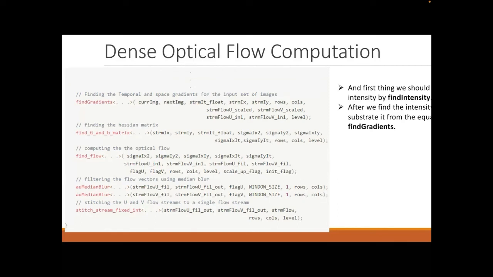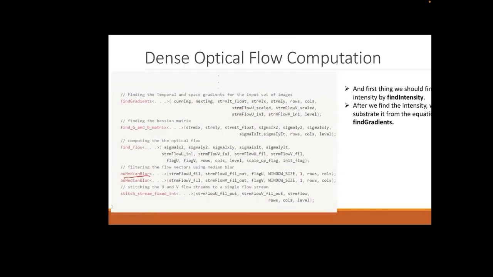After we get the optical flow, we will perform a median blur filter to smooth out the noise. And then we will get two results, U and V, the optical flow. And then we will stitch into a single data stream and stream out to the next stage, which is update the corner.